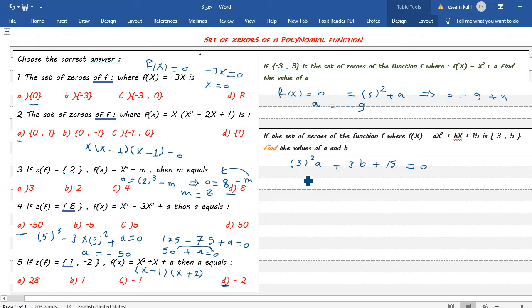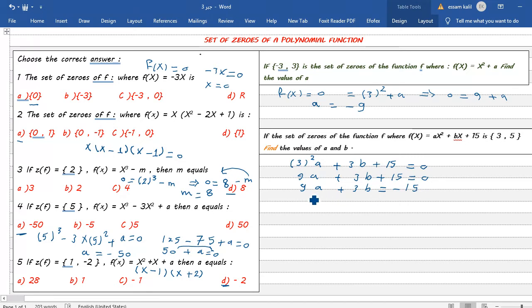Make the simplest form. 3 squared becomes 9a plus 3b plus 15 equals 0. Rewrite 9a plus 3b and move 15 to the other side, it will become negative 15.